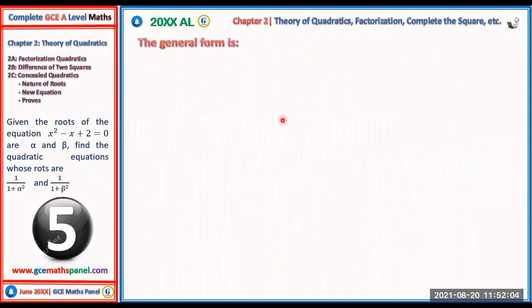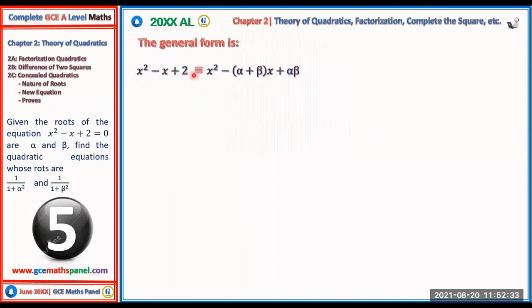So the general form for a quadratic equation, that is the sum-product form, is x squared minus sum of roots x plus product. So this is identical to this. At this point, as I said before, you must always make sure that the coefficient of x squared is 1 before you say that it's identical to this other one.